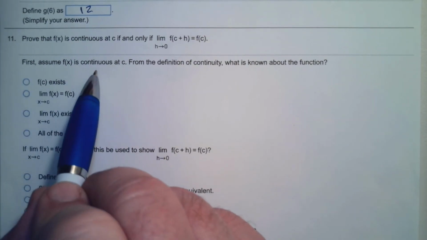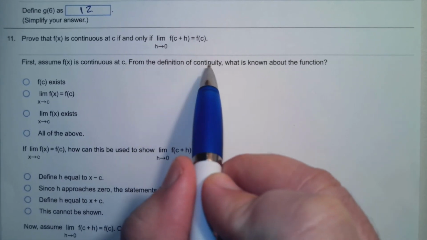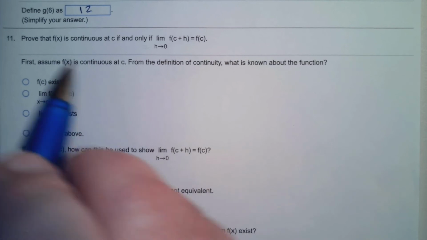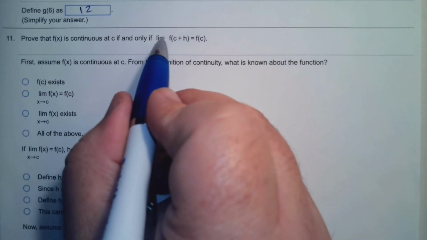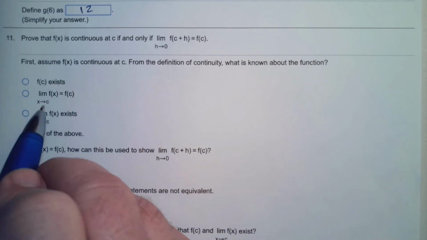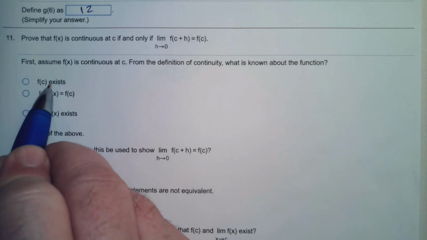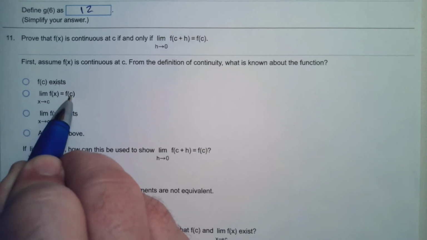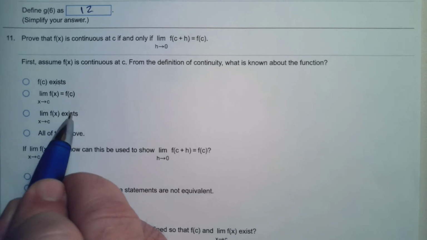Okay, first assume that f is continuous at c. Go to the definition of continuity. If it's continuous, f of c has to exist, and the limit has to exist. Then the limit as x approaches c has to exist.